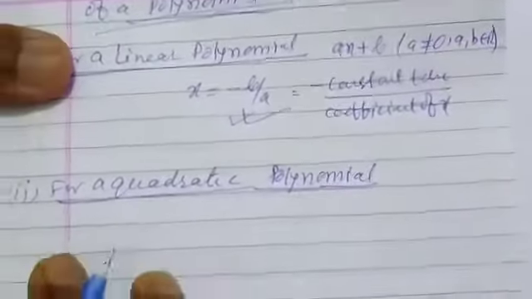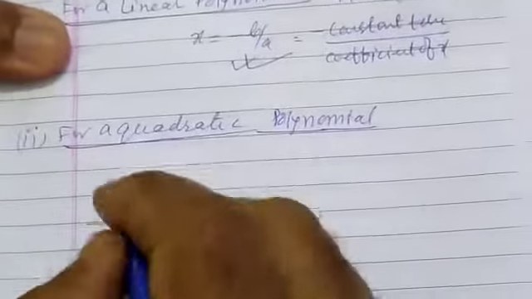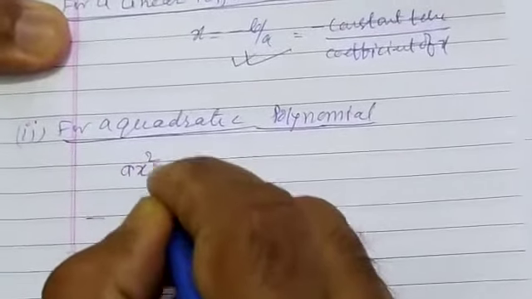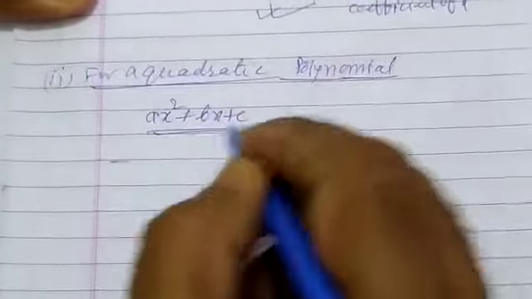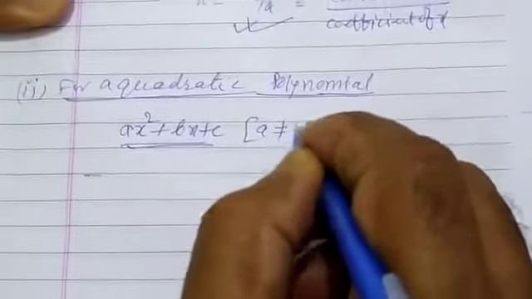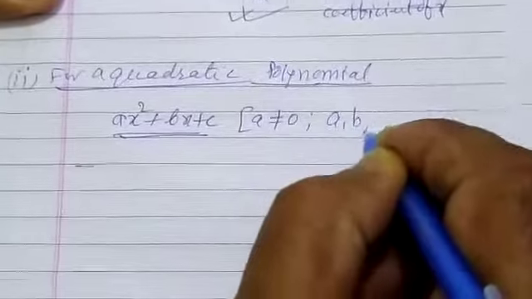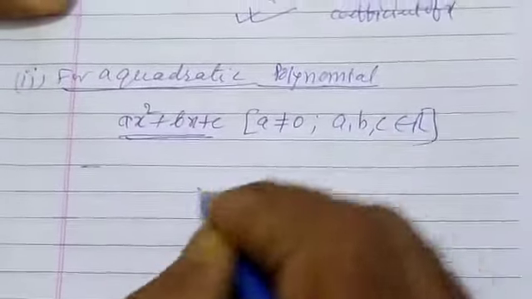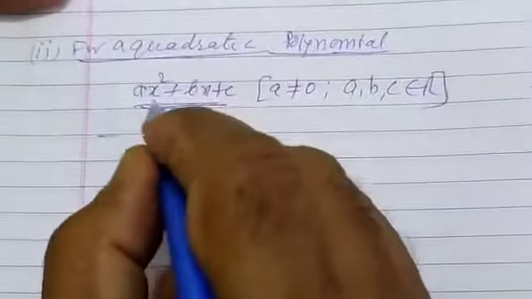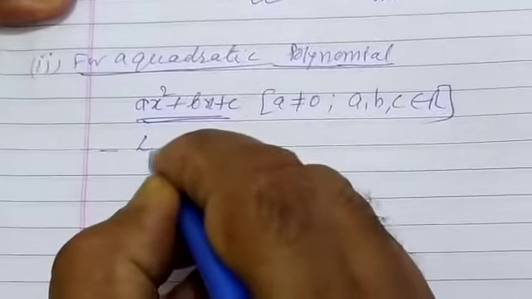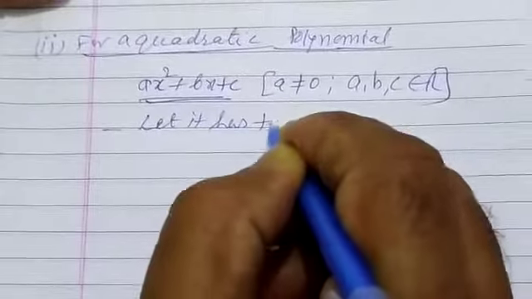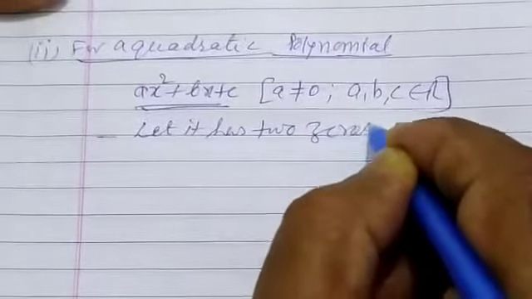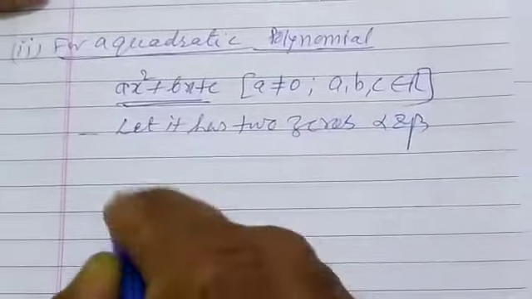For a quadratic polynomial, the quadratic polynomials are generally of the form ax square plus bx plus c, where a is not equal to 0 and a, b, c are all real numbers. It is of degree 2, so let it have 2 zeros, alpha and beta.